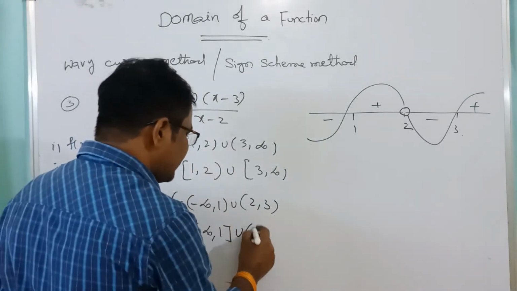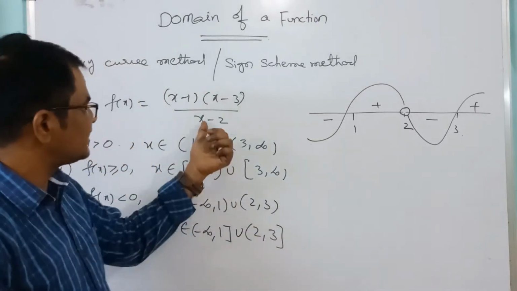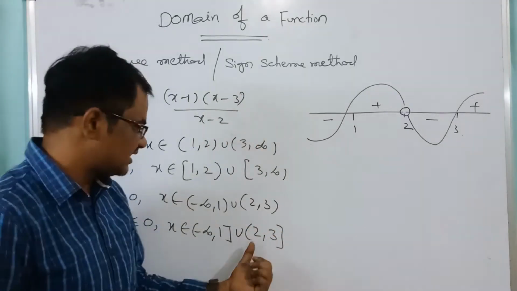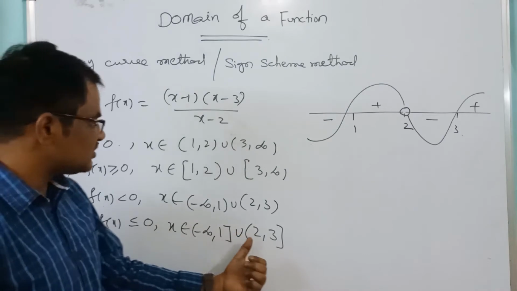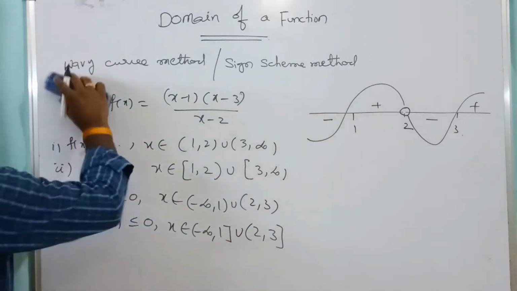Union open interval 2 to closed interval 3, because at x equal to 2 the denominator is 0, something divided by 0 is not defined. So even for f of x less than or equal to 0, we can't take 2 here. Like this we have to simplify. This is about the third one.